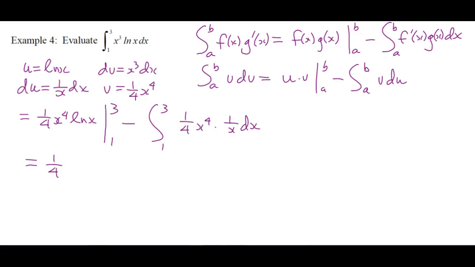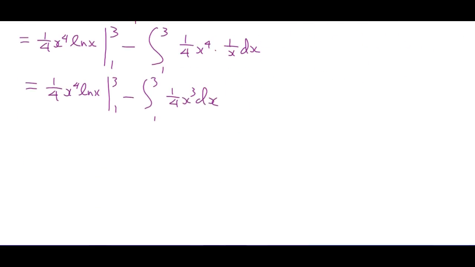So for now, we'll just say 1/4 x to the 4th ln x minus, okay, what's this going to simplify to? 1/4 x cubed dx, right? Which is equal to, now we don't need a plus c at this point, right? Because we're doing a definite integral.